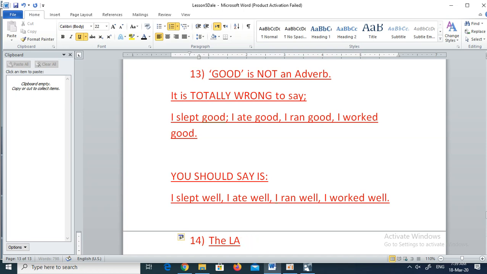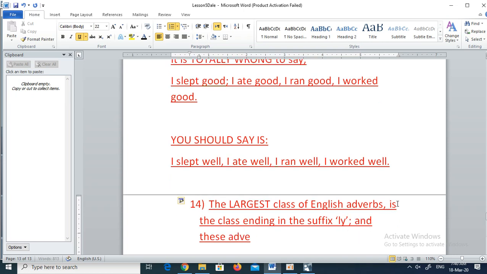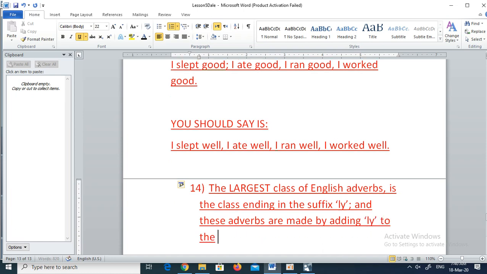The largest class of English adverbs is the class ending in the suffix ly, and these adverbs are made by adding ly to the adjective.